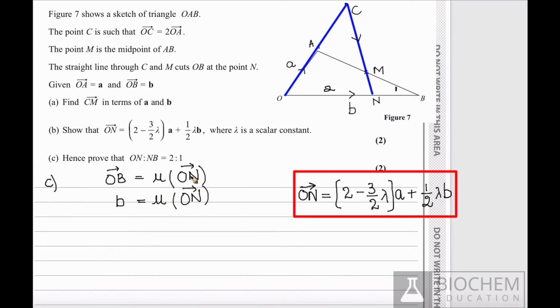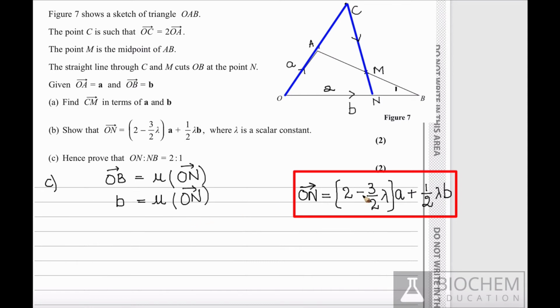This tells us that ON vector must have a b term, but should not have an a term. In other words, this whole constant must equal 0, because only then 0 times a would give you 0 for this, and then this term multiplied by mu will give you an answer which will be b.